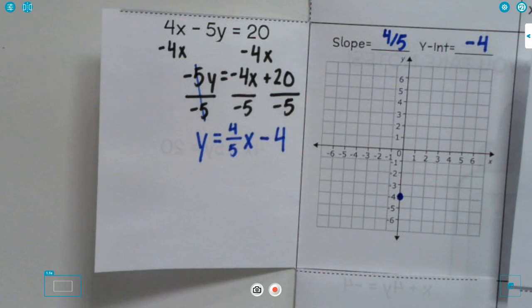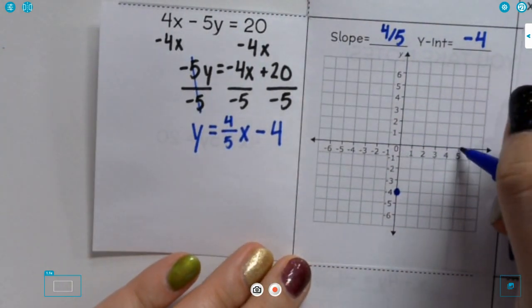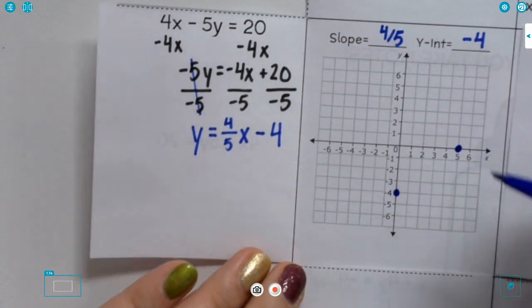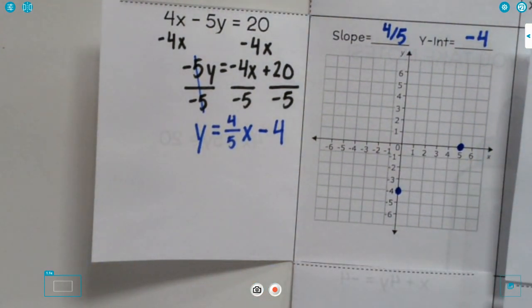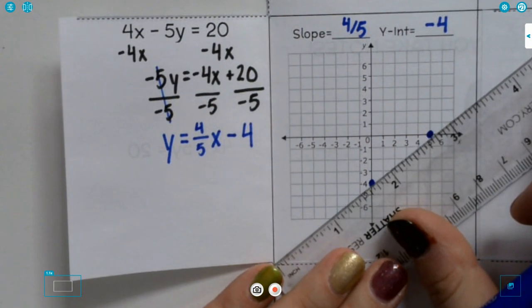And then I'm going to graph my slope, which is 4/5. So that means I go up 4, right 5, and I can put a dot. I do not have space to go up 4, right 5 again. That's fine. I'm going to go ahead and connect those.